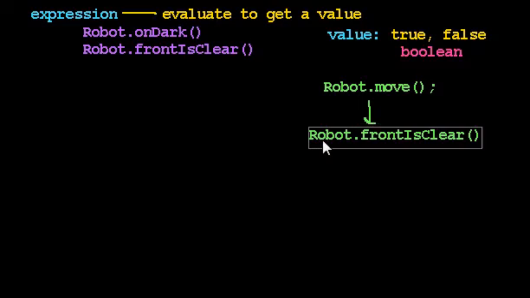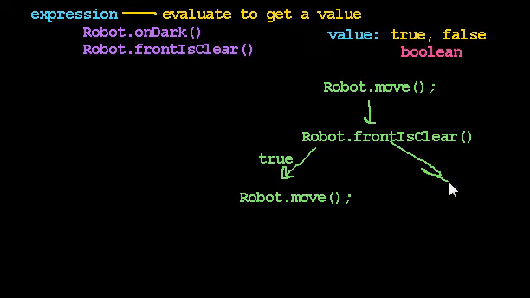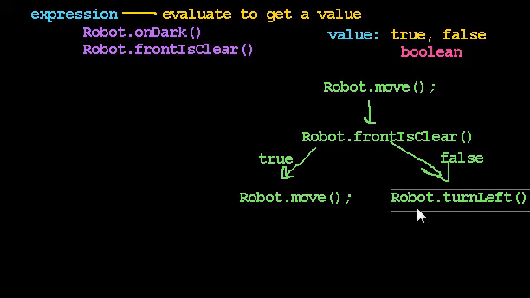Test if the front is clear, and I don't know how to put that in my program yet. We're going to see in a moment. But depending on the answer, I might do one of 2 different things. If the answer is true, then I want to move, because the front is clear, it's safe for me to move maybe. If the answer is false, so there's 2 possible outcomes here. If the answer is false, then I've decided I want my robot to turn left in that scenario.